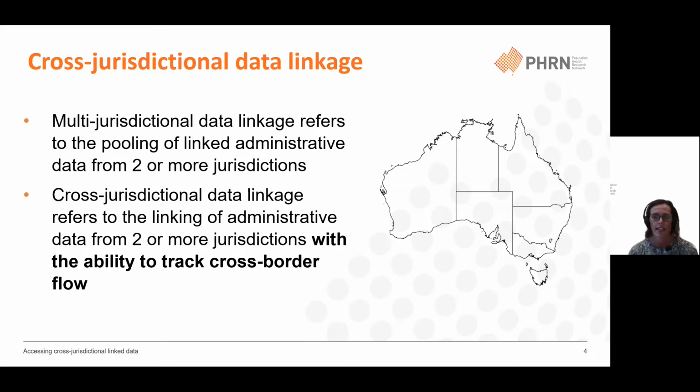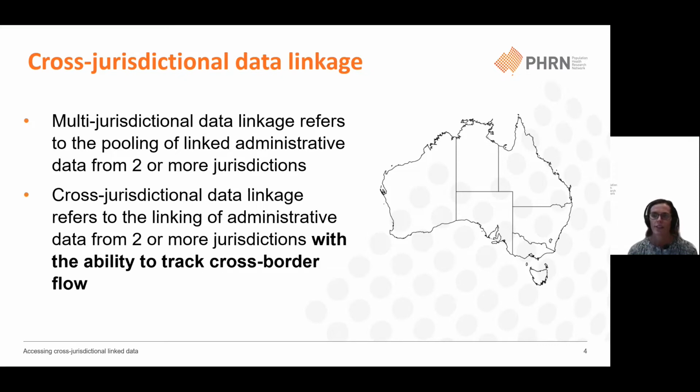If a researcher undertakes multi-jurisdictional data linkage to study the 20-year survival rate of individuals diagnosed with a particular cancer in a number of Australian states or territories, the researcher could receive linked death records of, say, WA residents diagnosed with cancer if they subsequently died in WA.